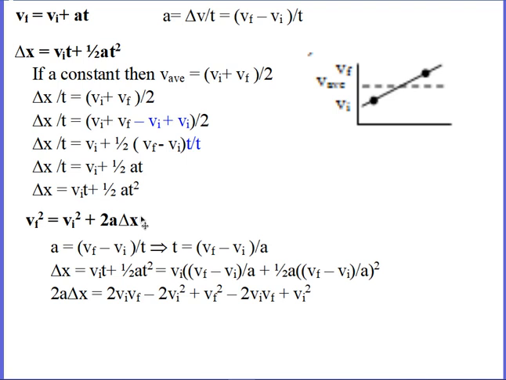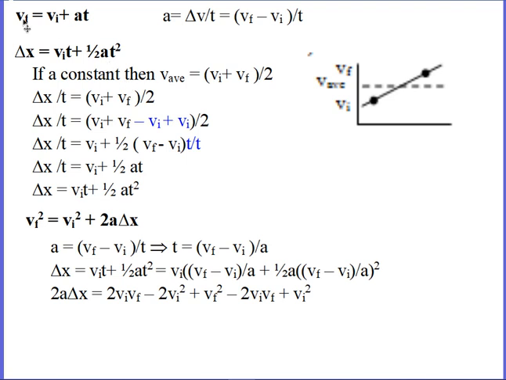Trust me. If you look in your book, in addition to these three equations, you will also find one where there is no initial velocity. All of these have an initial velocity, but if you solved for initial velocity here and plugged it in there and then solved it out, you would have an equation which had only initial velocity missing, and then you could also solve for a and put it in here and get an equation where there was no acceleration.